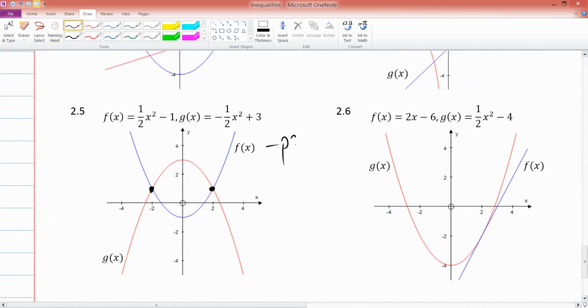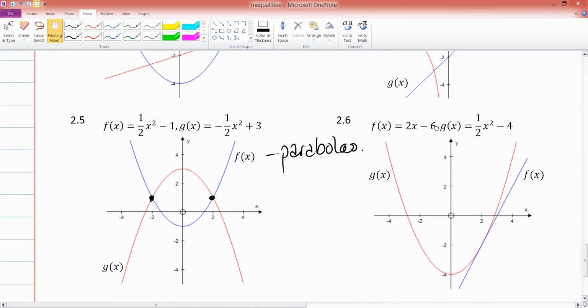So we have 2 parabolas, we've answered part A. Then we want to highlight where is f of x. Now, f of x this time is the blue graph. Where is the blue graph greater than or equal to g of x? So the blue graph is greater than the red graph at the parts I've highlighted.